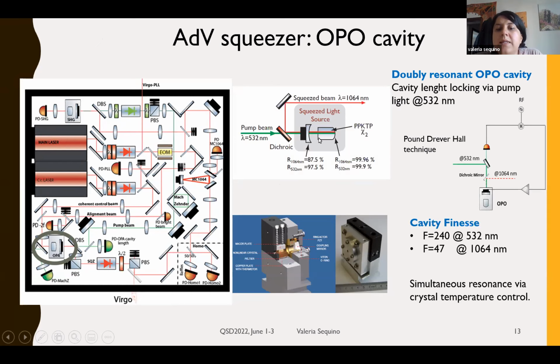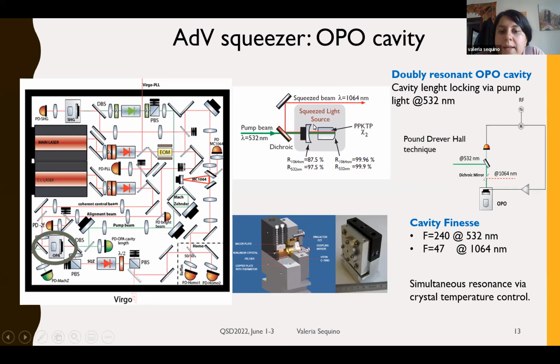The OPO cavity is a semi-monolithic cavity. It is composed of a nonlinear crystal of PPKTP, and one of the mirrors is the curved face of the crystal. The crystal is very small. It is about 1 centimeter in length, and the section is 1 millimeter by 1.5 millimeters.